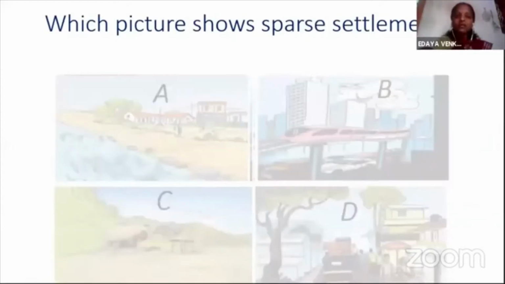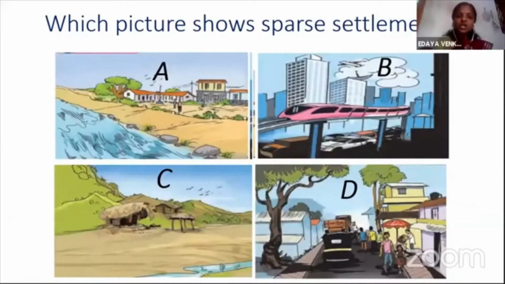Which picture shows sparse population? Out of pictures A, B, C and D, in which picture is very sparse population seen? Sparse means minimum, very low population. In picture C, hardly can we see people. In A, at least we can see some people.